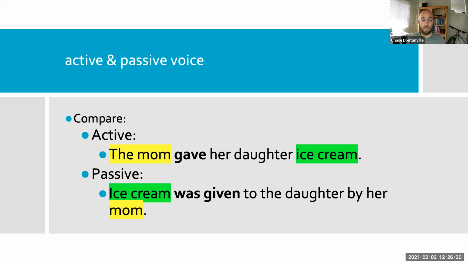So in this case, the subject in green, ice cream, did not do the action. The mom did the action. But you see, in the passive, we take the object and make it the subject. So the meaning is the same. The mom gave her daughter ice cream. Ice cream was given to the daughter by her mom. They're both the same meaning, just different grammatical structures.